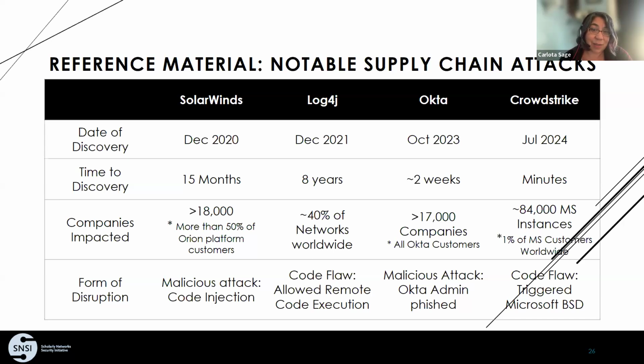Over 17,000 of their customers, which were pretty much all Okta customers, were attacked when an Okta employee was phished. So 1Password was the first one to notice it. Okta took a lot of grief because in the early days, when people could have prevented a lot of issues, they were very much in denial that this was a problem. So it took months before Okta admitted just how big of an issue this was.